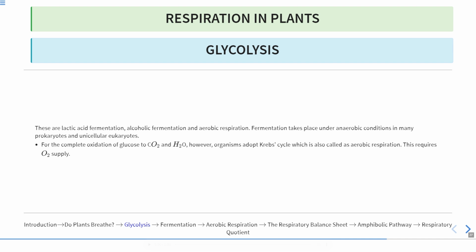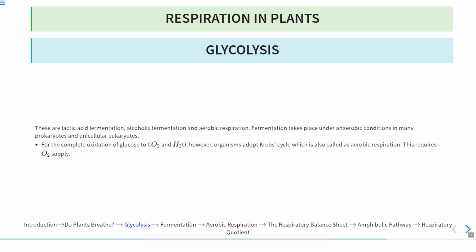Fermentation takes place under anaerobic conditions in many prokaryotes and unicellular eukaryotes. In some of the eukaryotes, you can see that the fermentation process takes place in anaerobic condition.